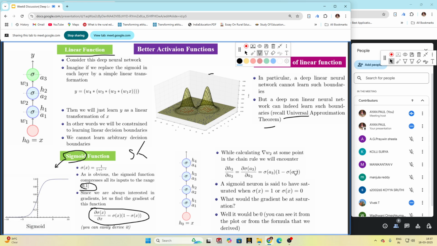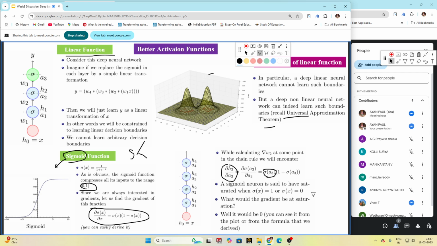Our gradient will vanish whenever our sigma will be 1 or 0. Whenever we reach the extreme, that is 1 or 0, just put 1 or 0 in this equation and our gradient vanishes. So this is known as the vanishing gradient problem.